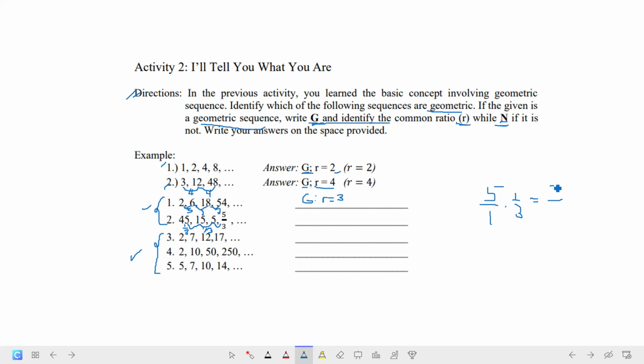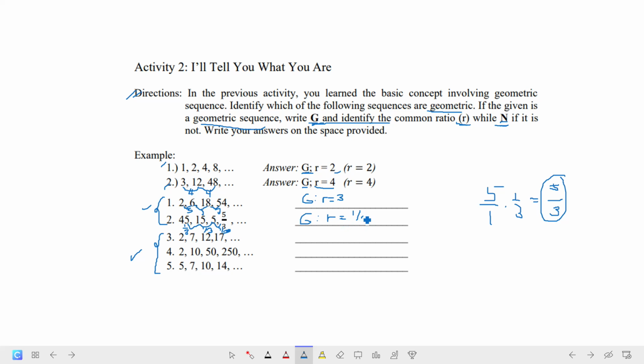So 5 times 1 is 5, 1 times 3 is 3. And 1/3 of 5, the next term, will be 5 over 3. And we generate the same common ratio. Therefore, we can call this pattern a geometric sequence with a common ratio of 1/3.